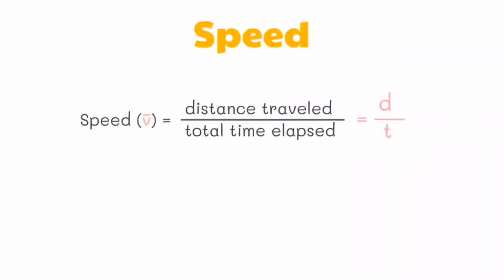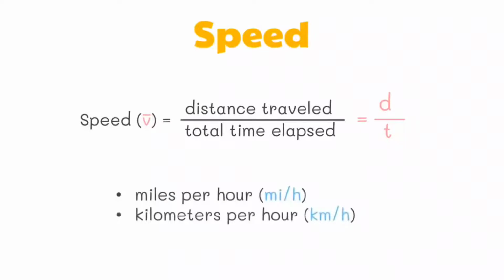The formula for speed is the distance traveled over the total time elapsed. We can express speed in terms of miles per hour, kilometers per hour, and meters per second. When direction is associated with speed, you will have a new quantity known as velocity.